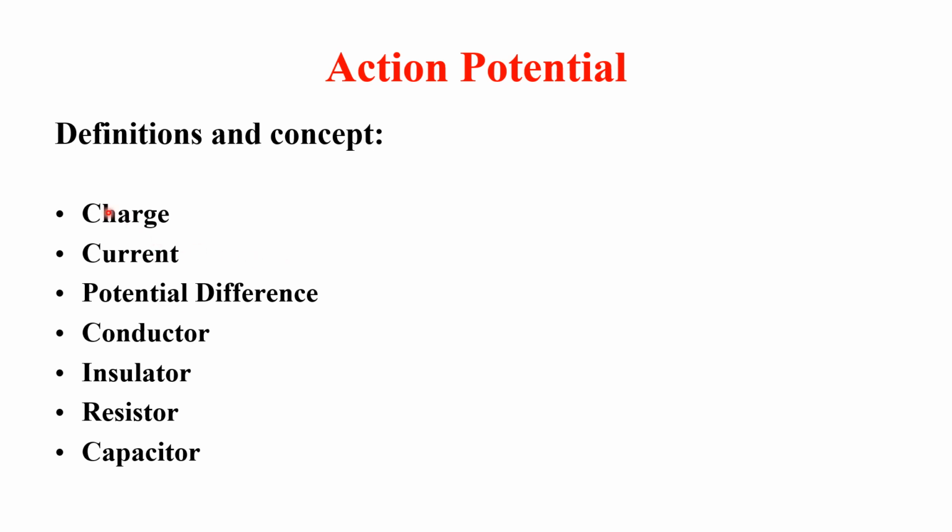Then we have to define potential difference. Potential difference is defined as difference of electrical potential between 2 points, and electrical potential is the amount of energy needed to move a unit of charge from a reference point to a specific point.